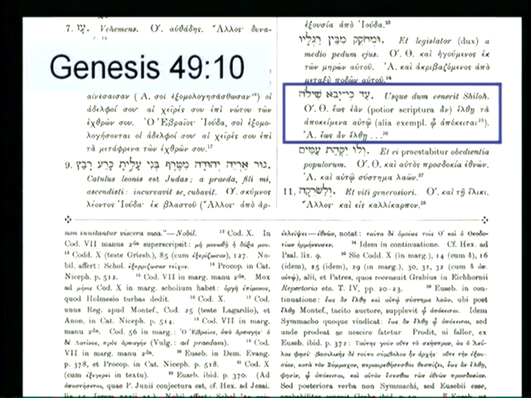And then Aquila, heos an elthe Shiloh, because Aquila has Shiloh, the literal. So that tells you that Theodotion was part of this controversy very early on. The controversy over what Genesis 49:10 says started in the early church.